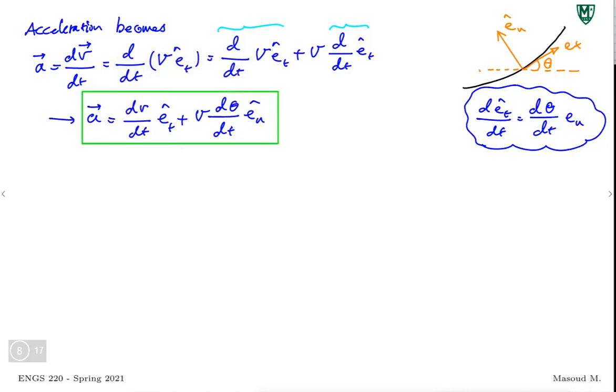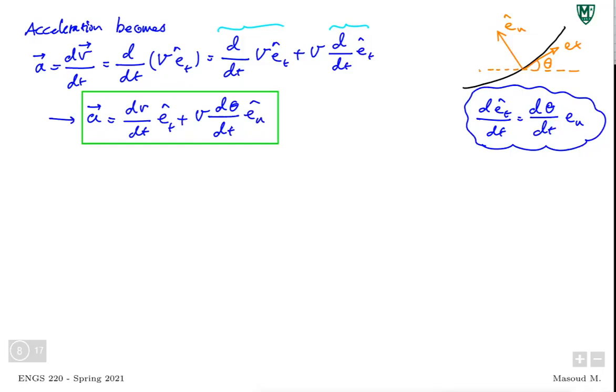So remember, we're going from the Cartesian coordinate system to the tangent-normal coordinate system. It's represented by two unit vectors, similar to i and j in the Cartesian system. You use et and en, tangent and normal. et is tangent to the path in the direction of the motion.